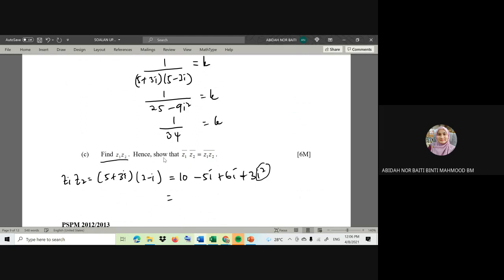So your real is 13. Okay, 10 plus 3 is 13. Your imaginary is plus i, right? Betul. Okay, this is your Z1 times Z2 lah. Okay, hence show that ni. Okay, so your Z1 Z2 bar. What is your Z1 Z2 bar?